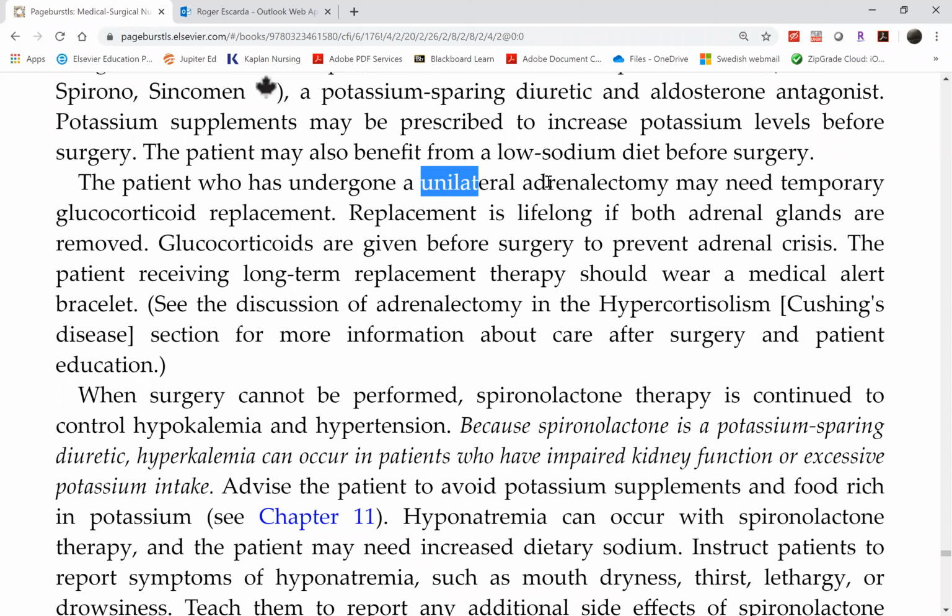So the patient will end up with a unilateral adrenalectomy, and for that reason, they will be on steroid replacements, both glucocorticoid and mineralocorticoid replacements, for about 2 years. Otherwise, if we remove both, then it'll be lifelong and they develop Addison's disease.